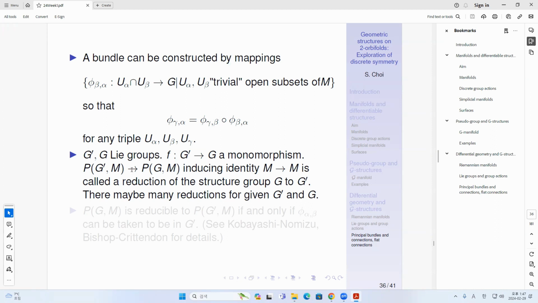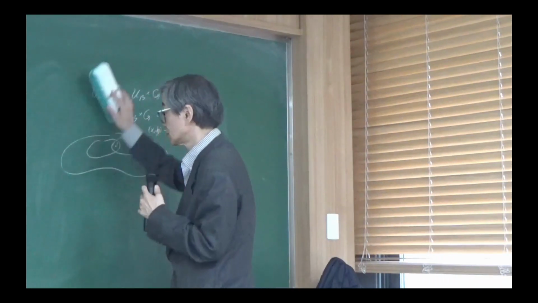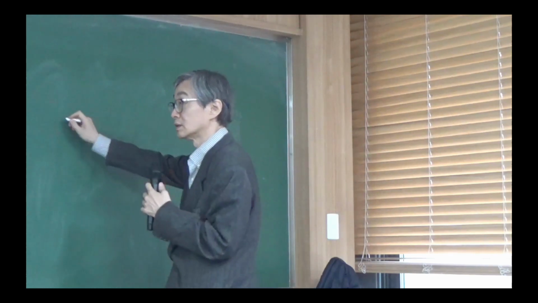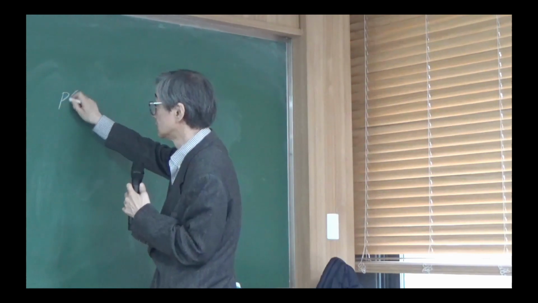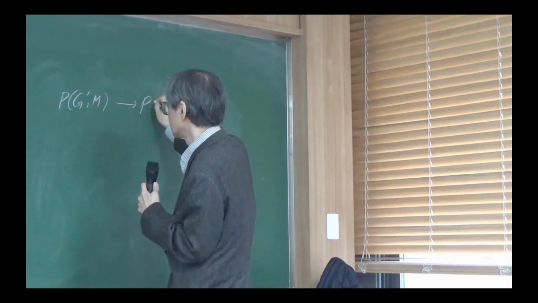If this respects the right action with respect to f, then it's called the reduction. So I should elaborate a little bit. So you have P, you have some map, and then this is M.